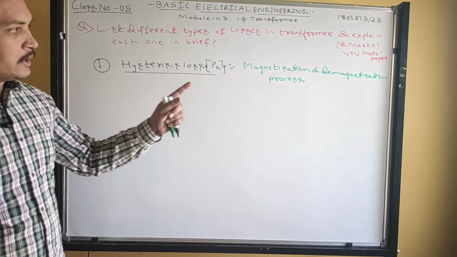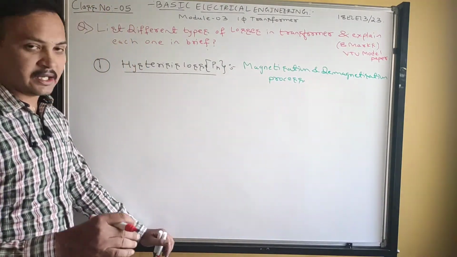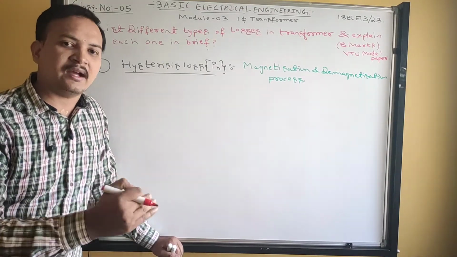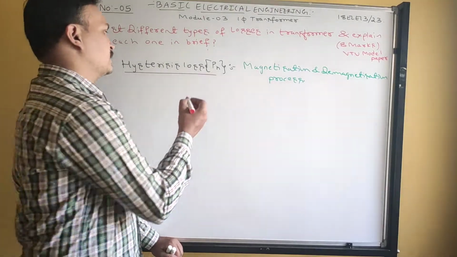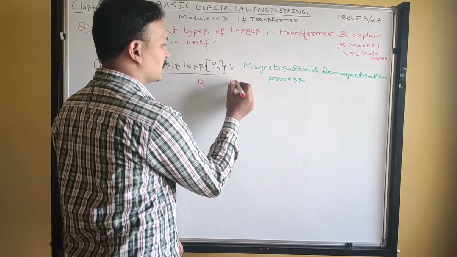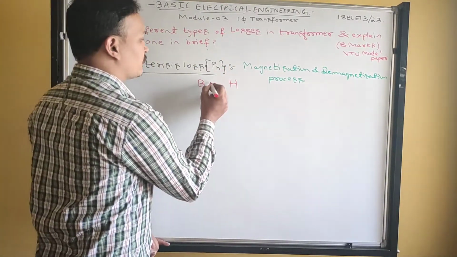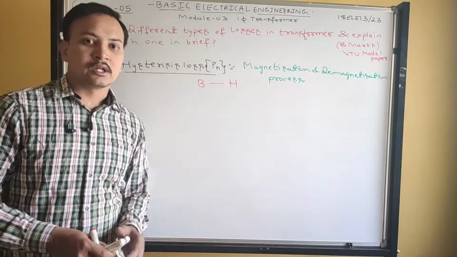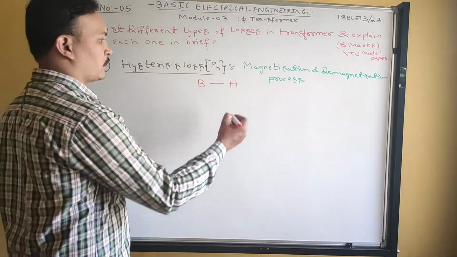See, during this process, there is a tendency that flux density is going to lag the magnetic field strength. Flux density is denoted by B and magnetic field strength is denoted by H. We can understand hysteresis losses in a better way by plotting the BH curve.